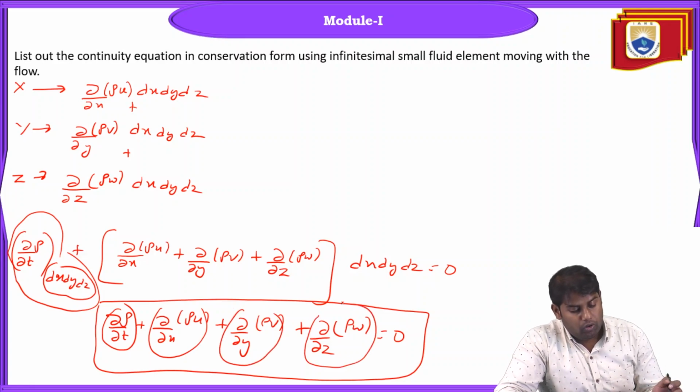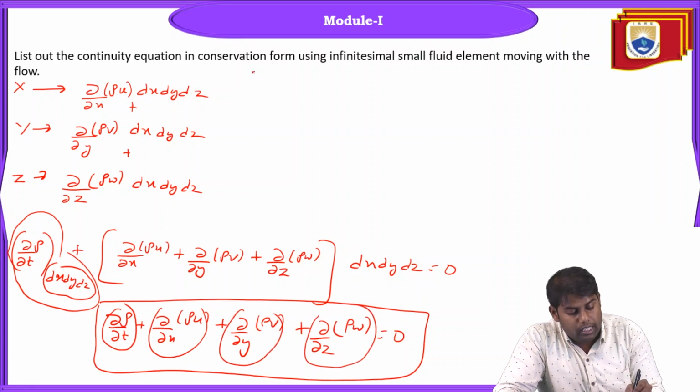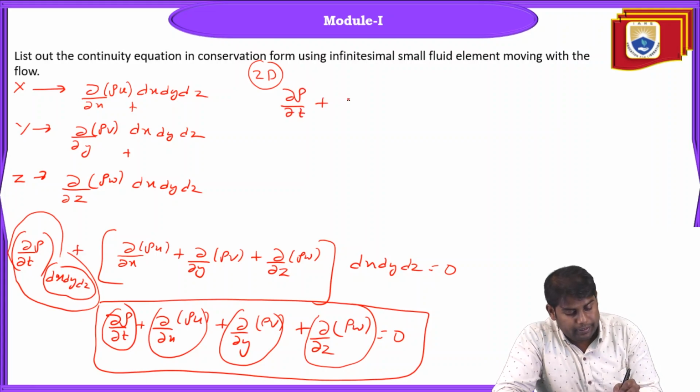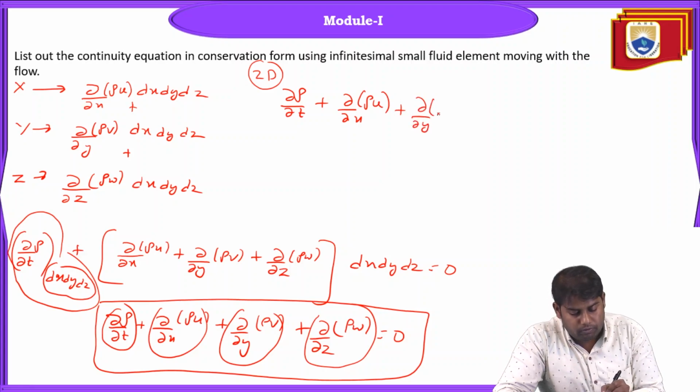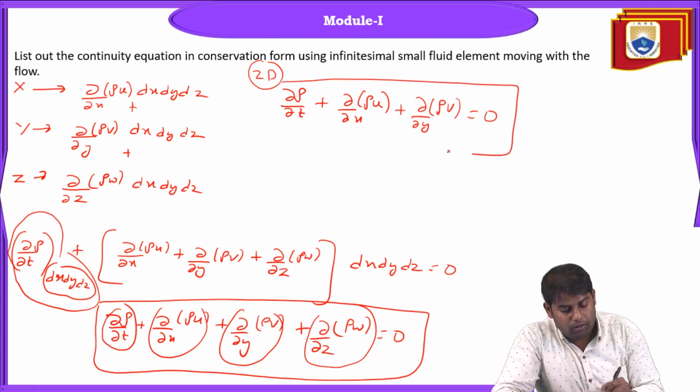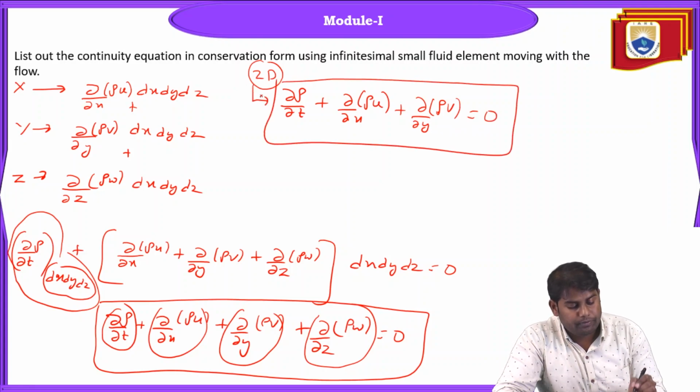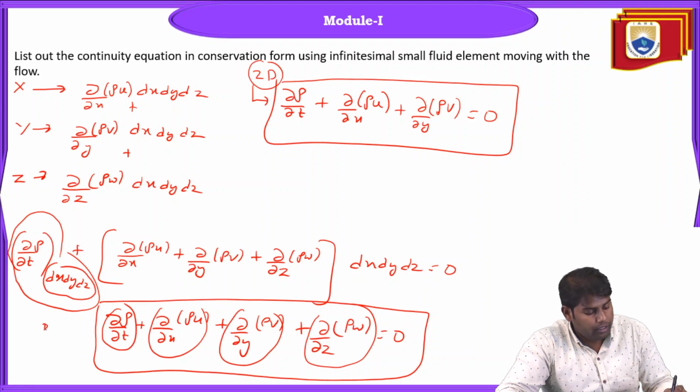So we have the dou rho by dou t term and these terms. When the flow is 2D, the equation is this, plus zero. This is for 2D, and this is for 3D.